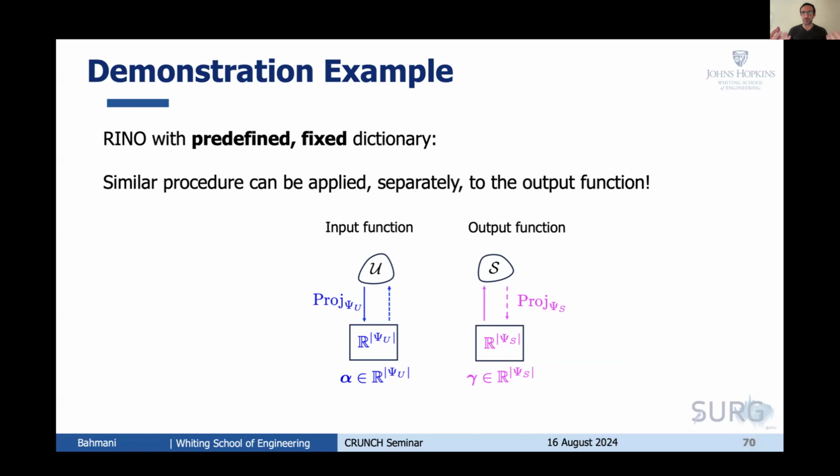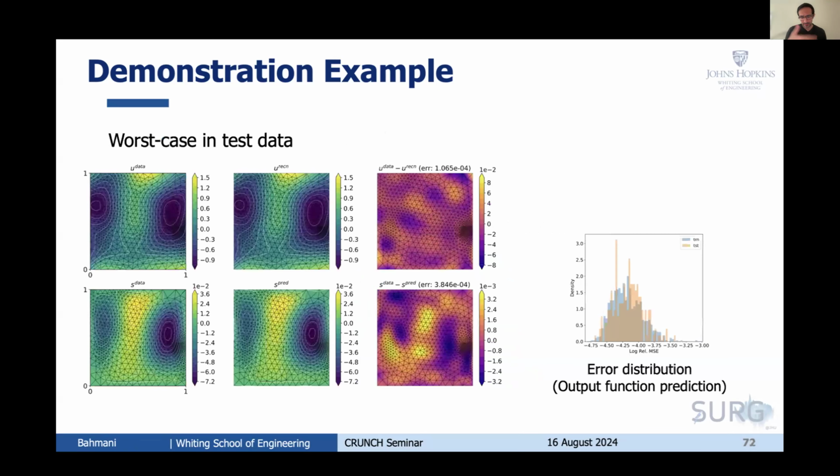Once you have these two bases, your training is just a branch net that maps a set of coefficients from the input to a set of coefficients for the output. This is the result for the same problem, showing again reasonable accuracy.